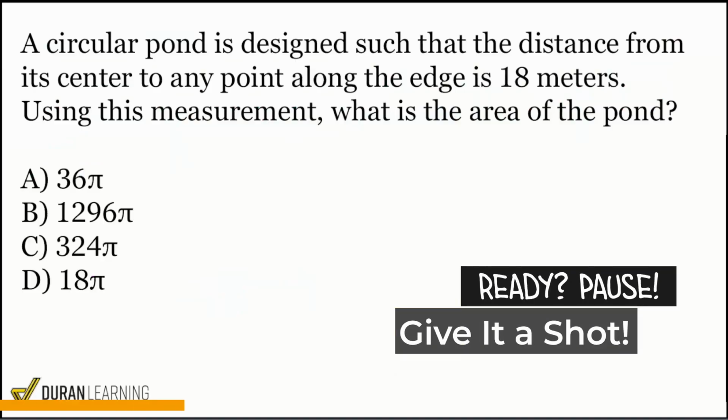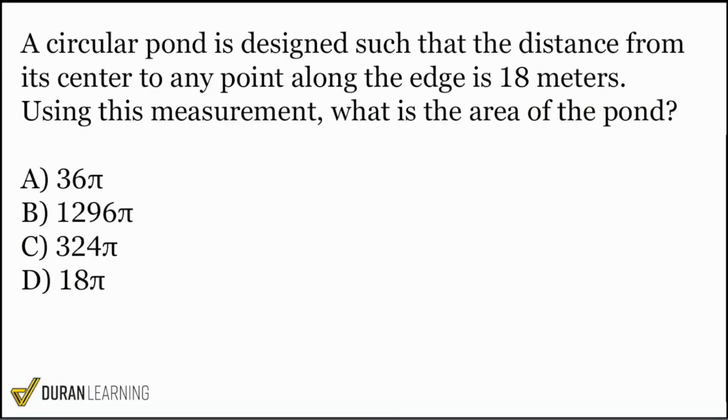So let's handle the first one here of this new set. The question that we see here is, what is the area of the pond? So my party people, we're looking at area and we can see that we're dealing with a circular pond. So we can go ahead and start off by writing the area formula. Pi r squared.